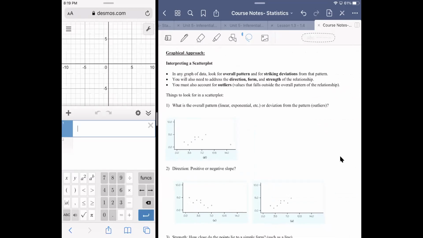When we're interpreting a scatter plot, and I'll show you how to make one in a couple of minutes, you're looking for a few different things. You're looking for any kind of striking deviations from a pattern. If there's an obvious pattern in a distribution, you look at it and say, oh, it looks like these all form a straight line. That's wonderful. Or they kind of form a straight line, but there are one or two that are a little out of whack.